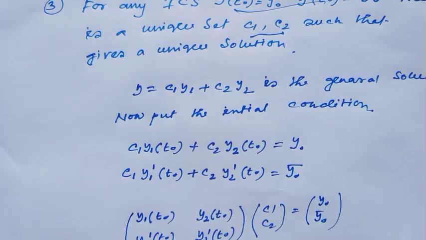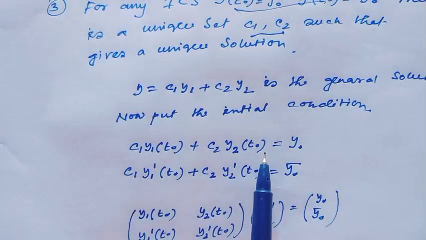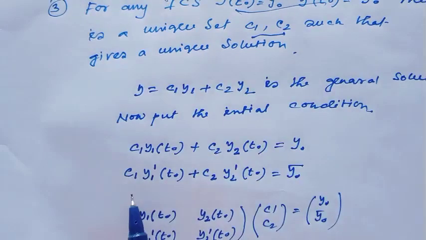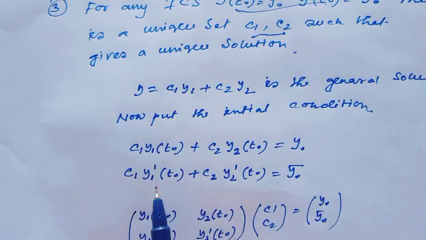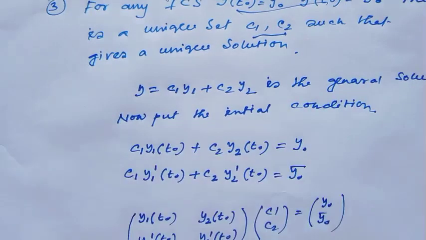Then I will get c1 y1(t0) + c2 y2(t0) = y0, and c1 y1'(t0) + c2 y2'(t0) = y0 bar.